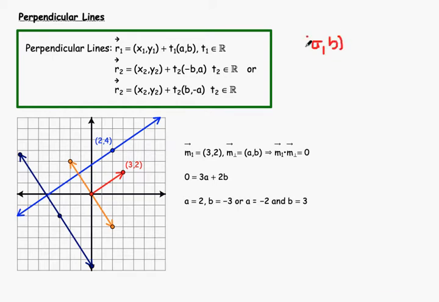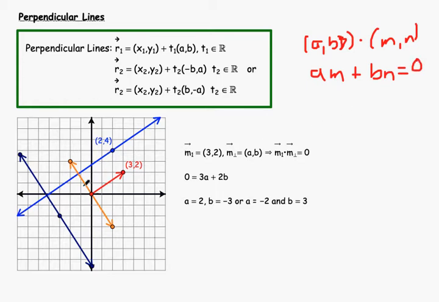If I dot that with the direction vector for the next line, which maybe I will call m comma n, then what needs to happen is a times m plus b times n needs to be 0. Then they'd be perpendicular.